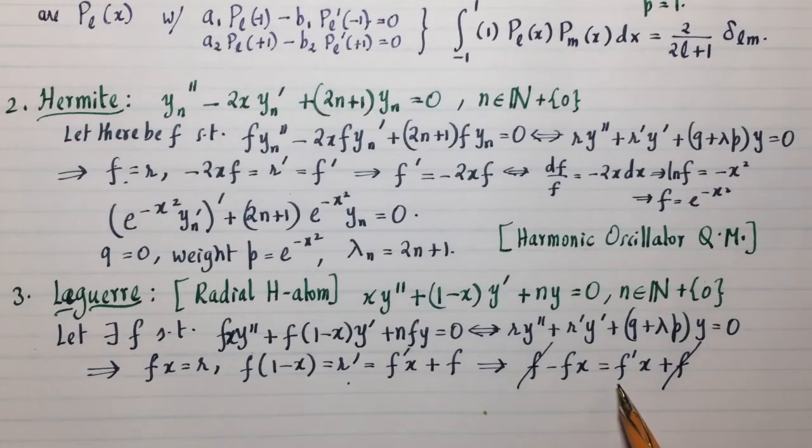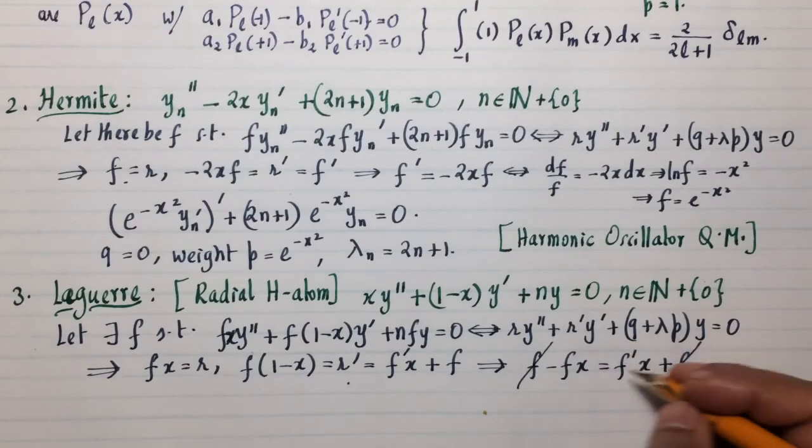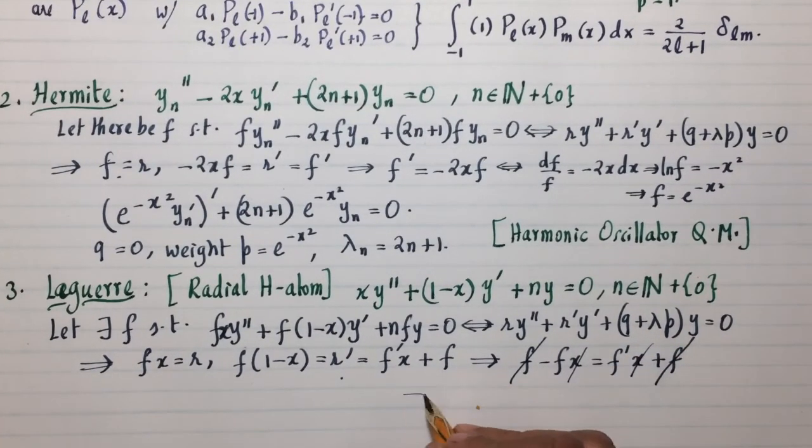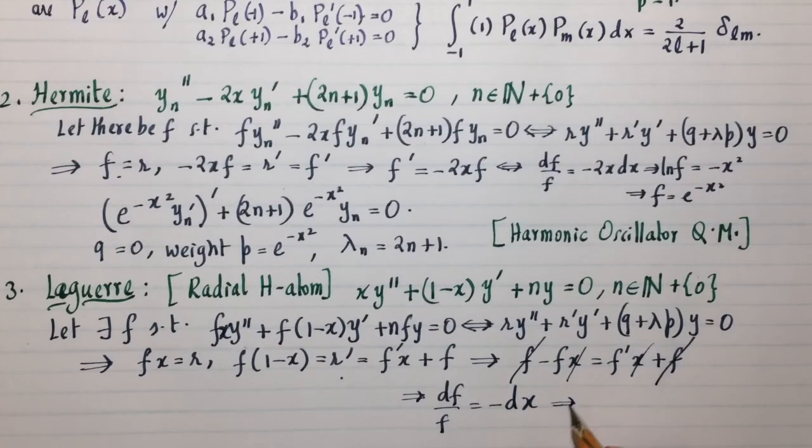So actually even x cancels out. If I cancel out the f's, I can then cancel out the x's. So this is going to be very simple. df over f is just going to give me negative dx. So the solution to this is f equals e to the minus x, right? Because natural log of f is just equal to minus x.